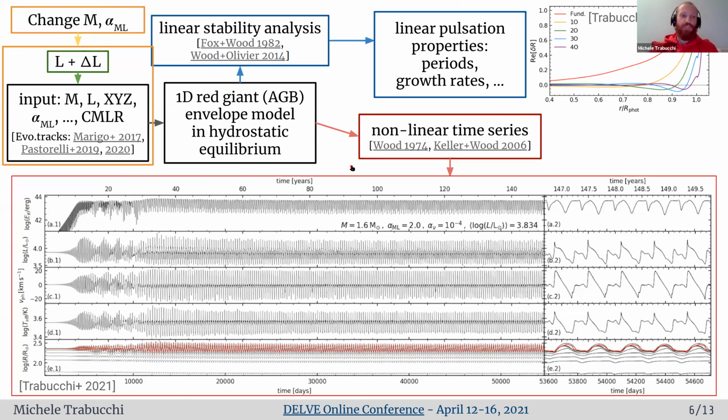We start from the static model and let it evolve in time. So the pulsation naturally develops, the motion of the layers naturally develops. And this allows for feedback from pulsation onto the structure that becomes different from the equilibrium, the static structure. So also the frequencies of oscillation become different.